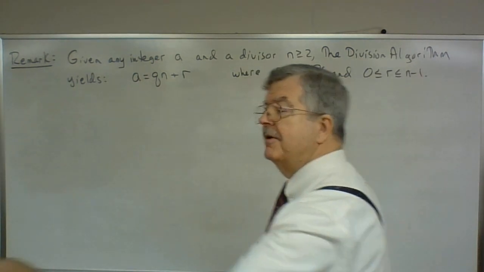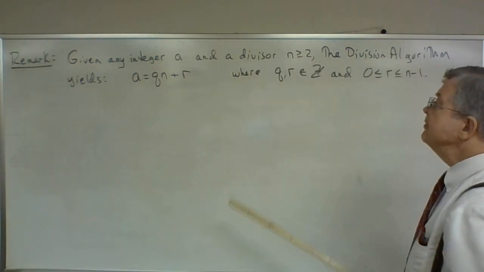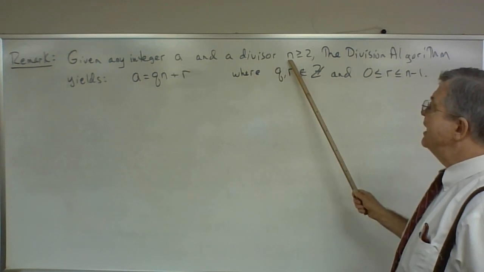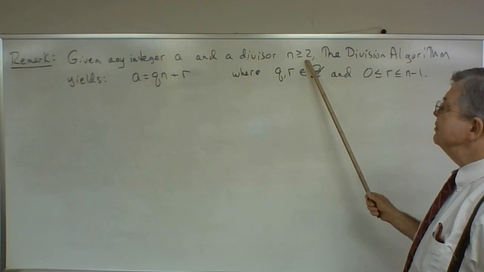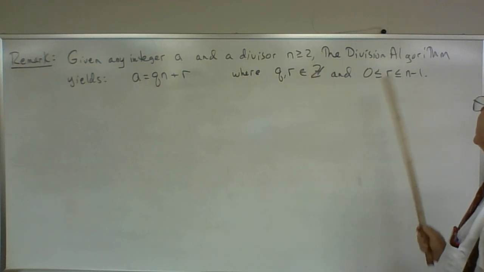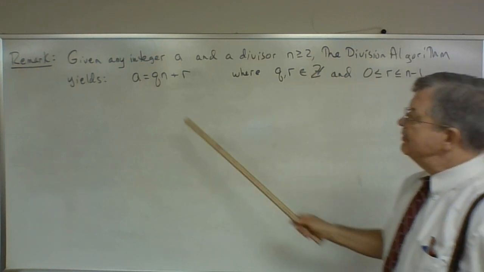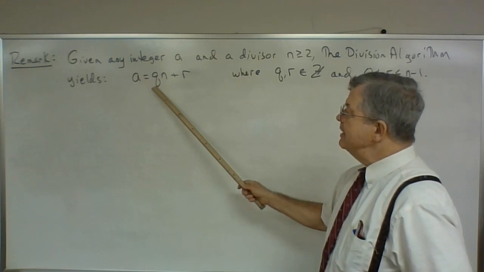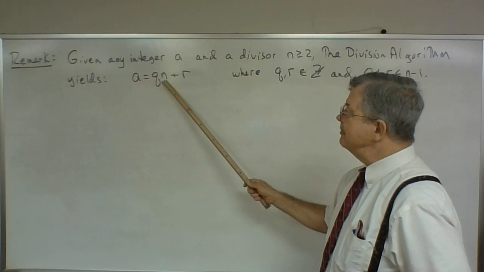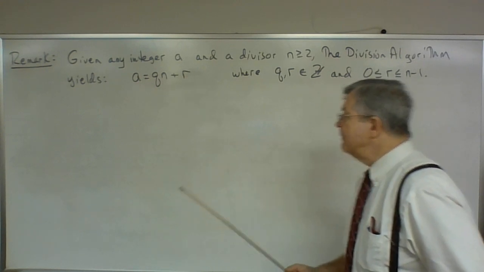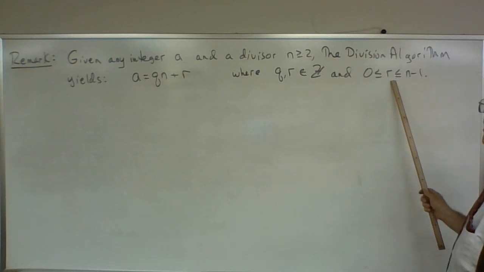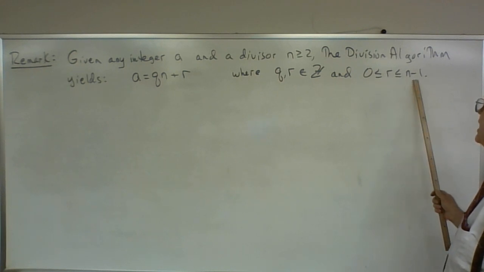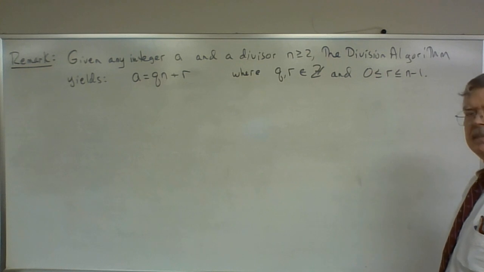That we have the division algorithm, any integer a, and a divisor n greater than or equal to 2, where n is a natural number. The division algorithm says that a can be expressed this way. Some integer q times the divisor n plus a remainder r, where r is some integer between 0 and n minus 1 inclusive.